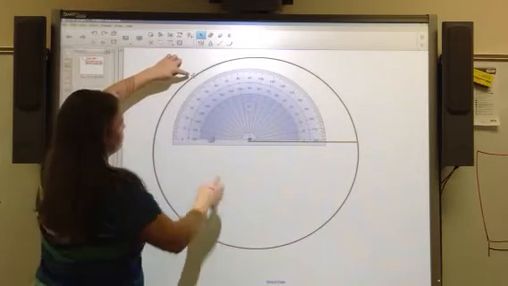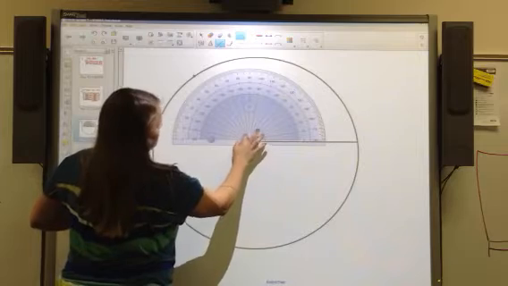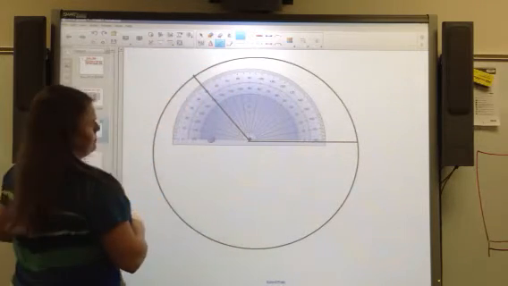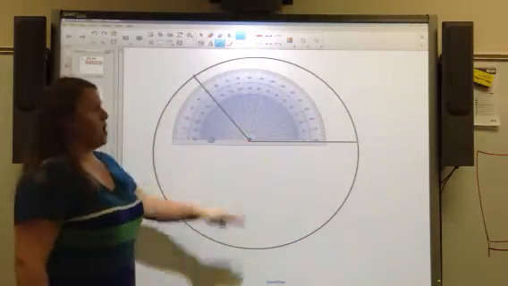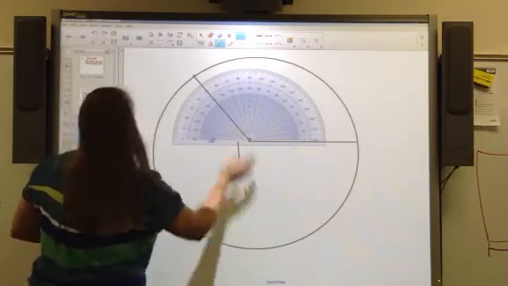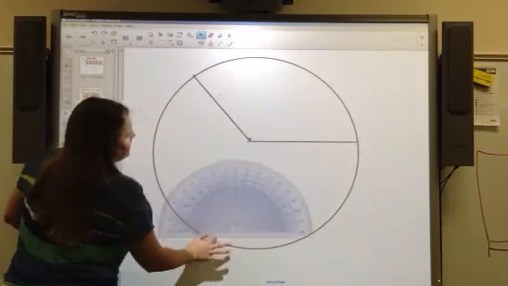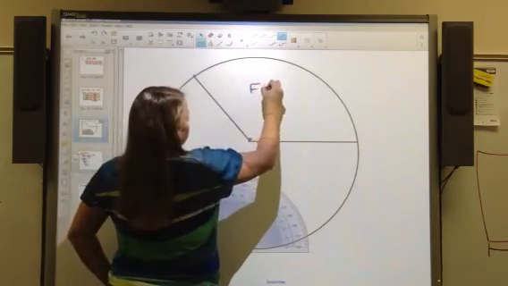So I've made my mark, and now I'm going to take another line and connect it again from my center point and draw that line to that mark that I made. So this value is 128 degrees of my entire circle. I can move my protractor out of the way, and I'm going to label this food.